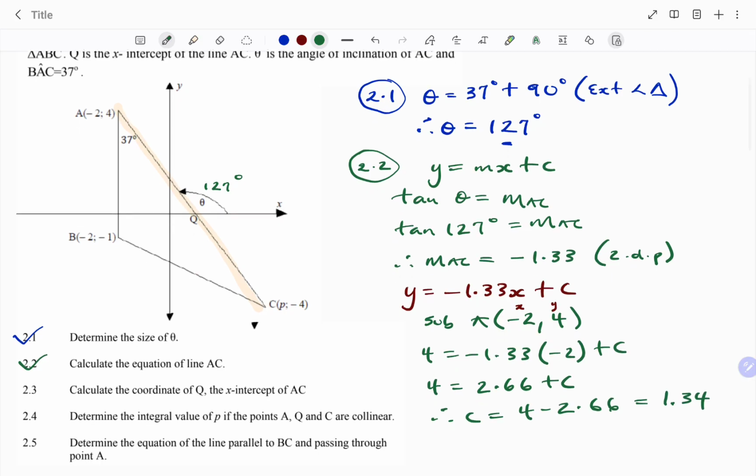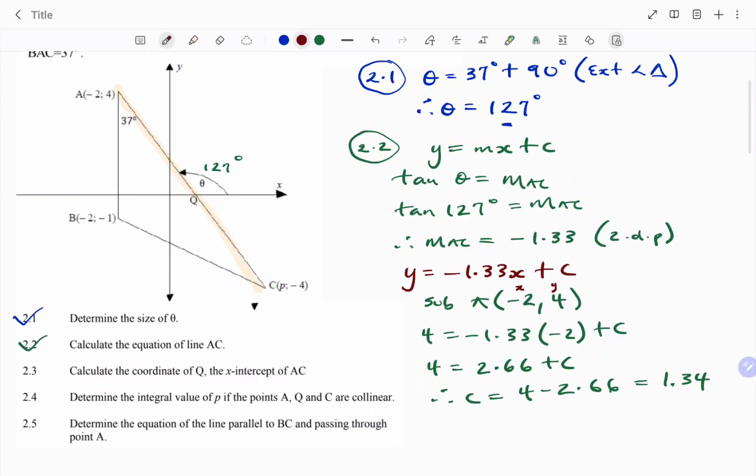Therefore, to write my standard equation, I have y equals -1.33x plus my c, which is now 1.34.